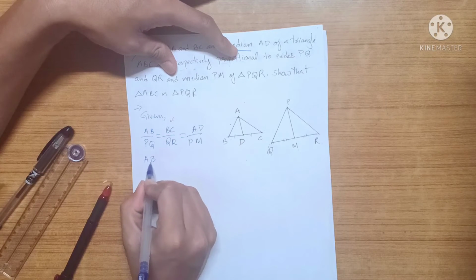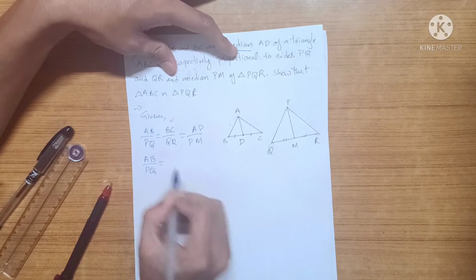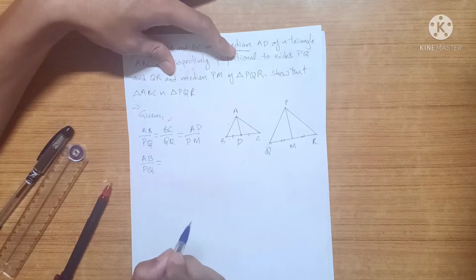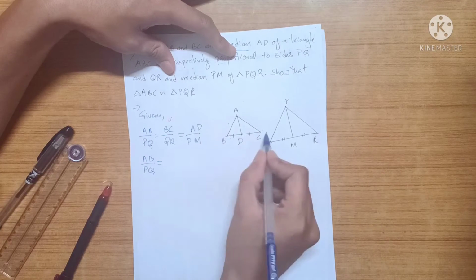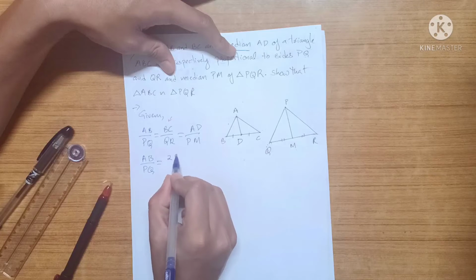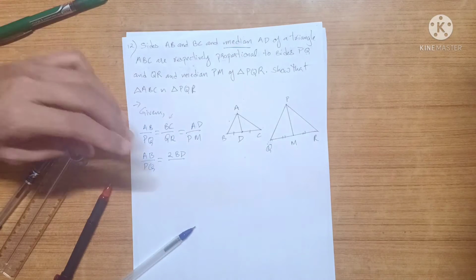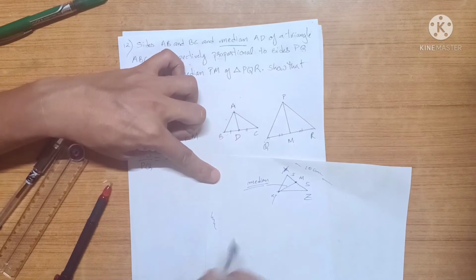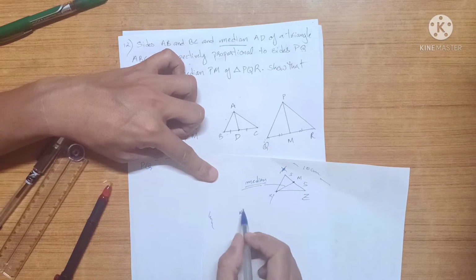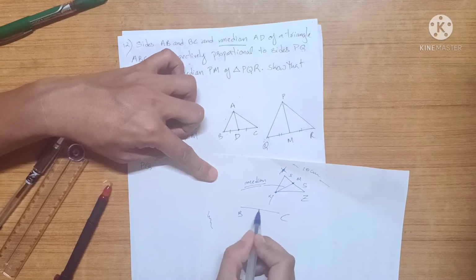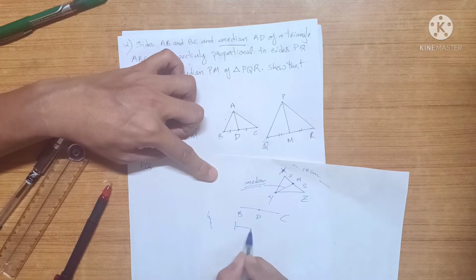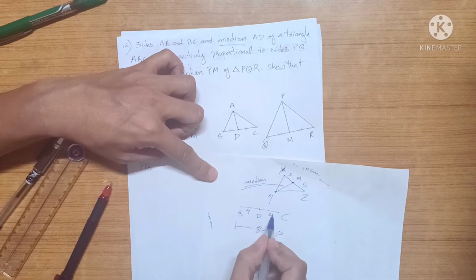So what I'm going to do is AB by PQ equal to, instead of writing BC, I'm going to be writing 2 times BD, because I'm quite sure most of you have already got it, but if BC, and here's D, if BC is 8 centimeter, then this will be 4 centimeter and this will be 4 centimeter.